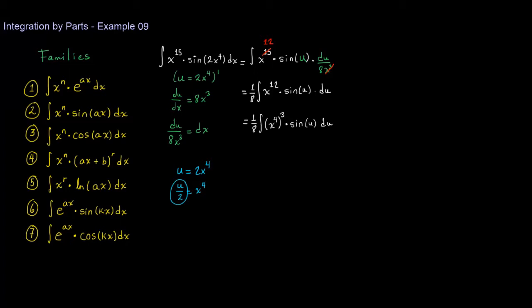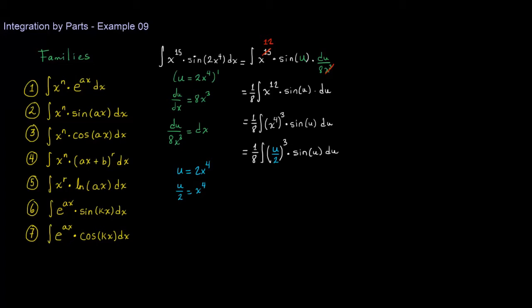Now I'm going to substitute this u over 2 for the x to the 4th. So let's see how it looks. It's going to be 1 over 8 times the integral of, in larger parentheses, u over 2, which is what we found to be equal to x to the 4th, raised to the 3rd, times sine of u du.